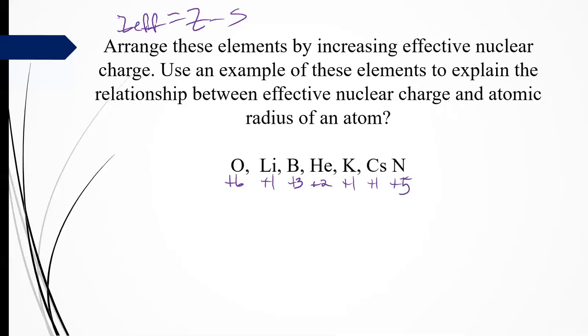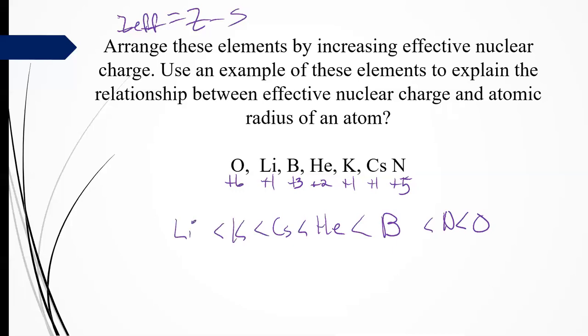So we can arrange these by increasing Z effective. Nitrogen is less than that of oxygen, but more than that of boron, more than that of helium. And then we have Cs, K, and Li. Cs should be a little bit more than K, and K a little bit more than Li.